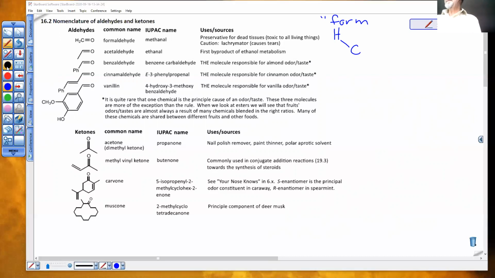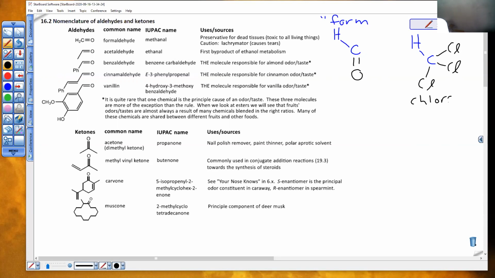Most often, that's a carbonyl. The reason I said most often is we saw chloroform earlier today. And it had just the H and the C, the single H with the C. So although it doesn't fit the normal form group we're using, where there's a carbonyl, its origins are based on the hydrogen and carbon.